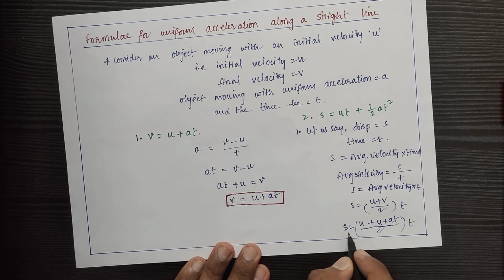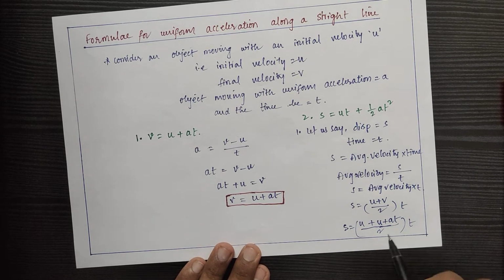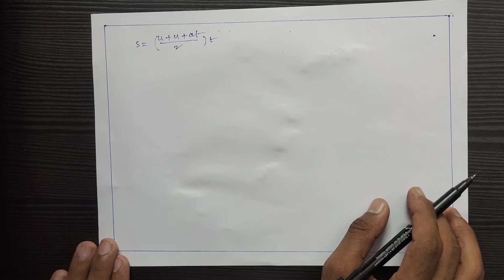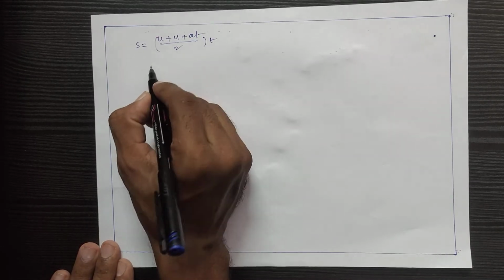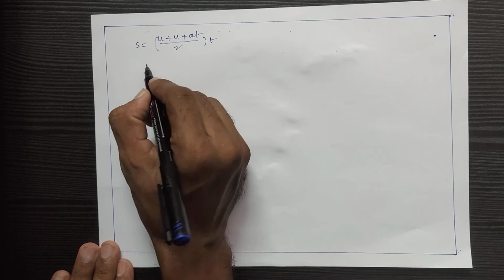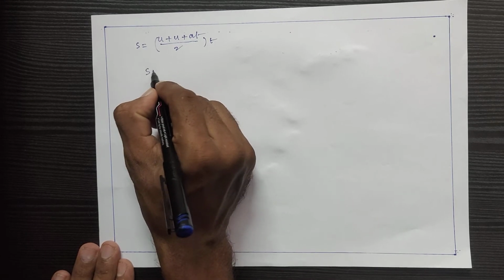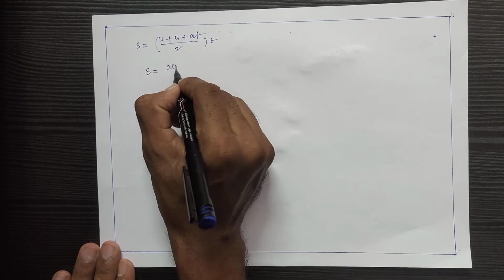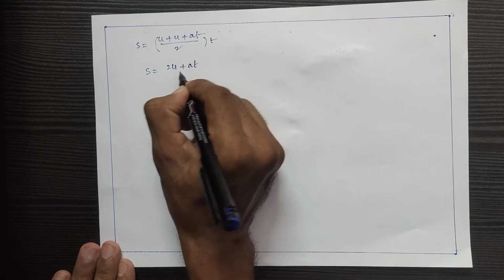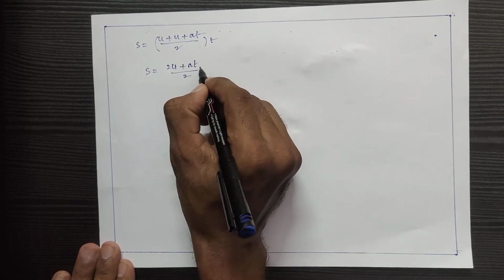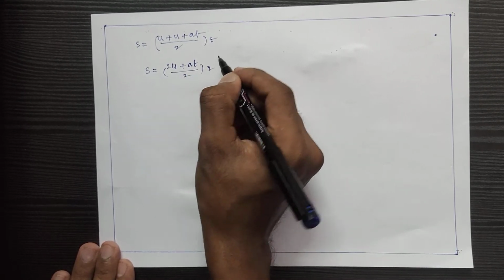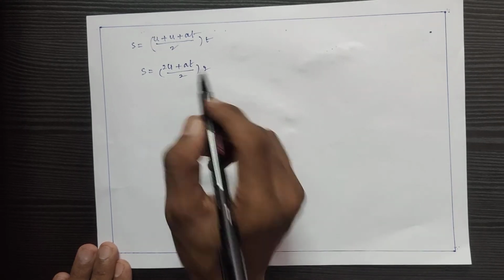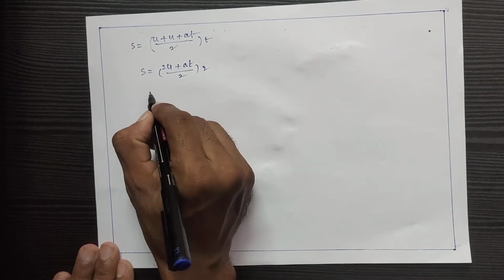Let me demonstrate this on the next paper. Up to here we have written on the last page. Now s is equal to 2u plus at by 2 into t.